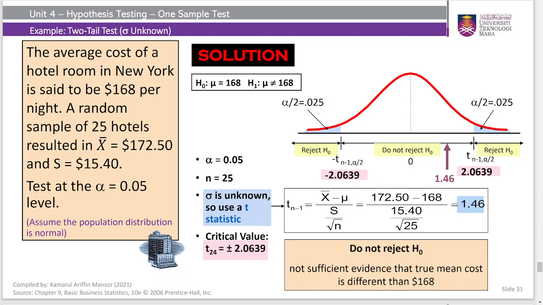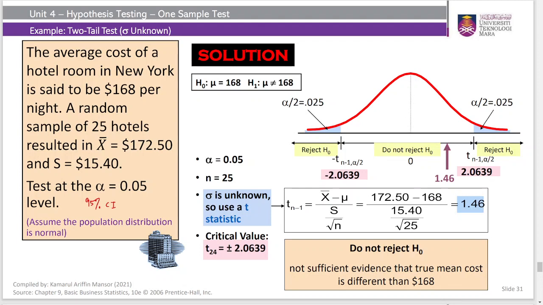A random sample of 25 hotels resulted in X bar, the average price of hotels based on the sample data, of $172.50 with a standard deviation of $15.40. So they ask you to test the hypothesis at alpha equal to 0.05 level of significance. In this case, 0.05 level of significance is equivalent to a 95% confidence interval.